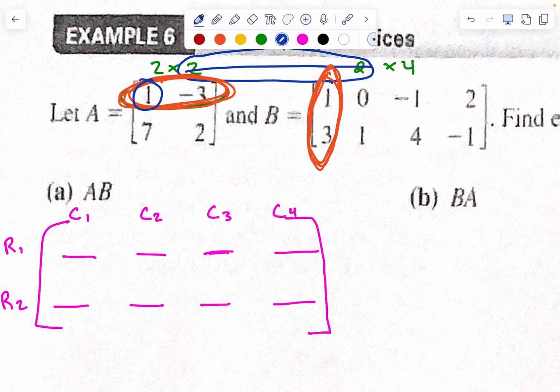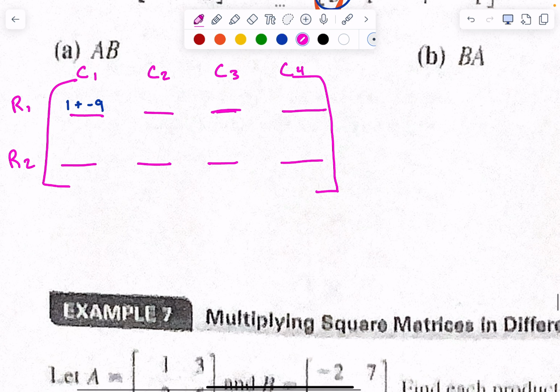I take 1 times 1, which is 1. And I add that to negative 3 times 3, which is negative 9. So in that final cell goes negative 8. You see that?